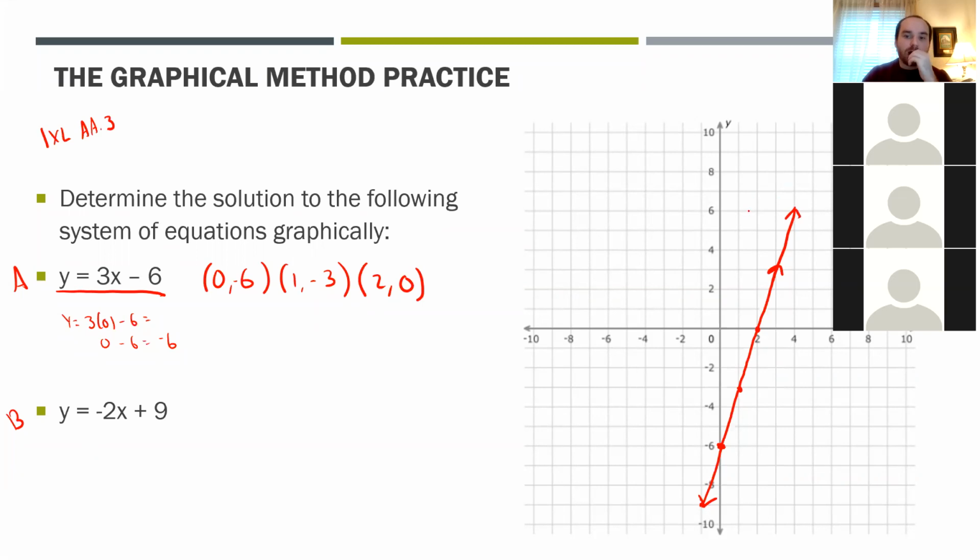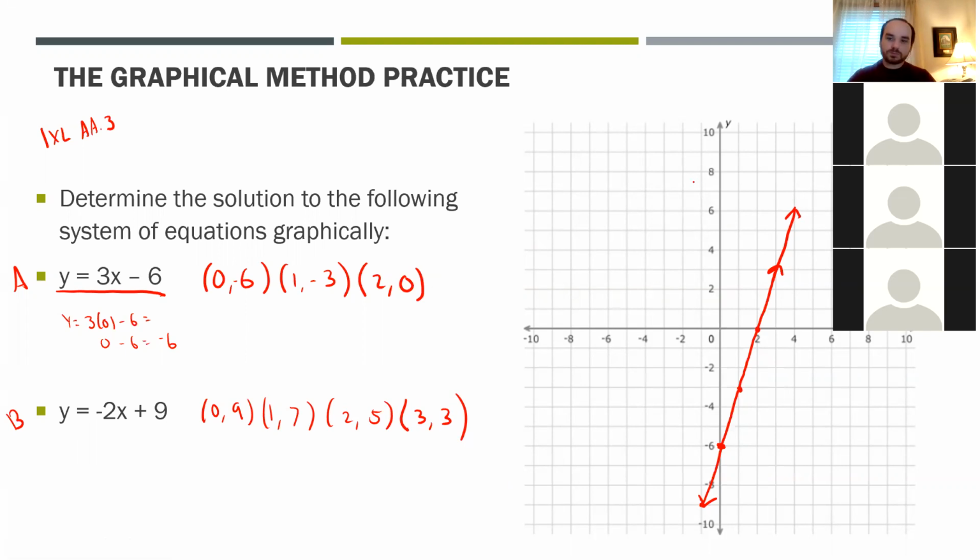Okay. Then the second line, let's see. Some of the points that I saw were 0, 9, 1, 7, 2, 5. You could have gone further with them. You could have done 3, 3, and then probably could have found more too.